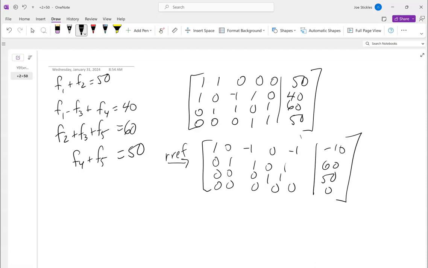So I can only solve for f1, f2, and f4 here, right? Those are the columns that have the pivots. So we can only solve for f1, f2, f4. f3 is free, f5 is free. You agree?